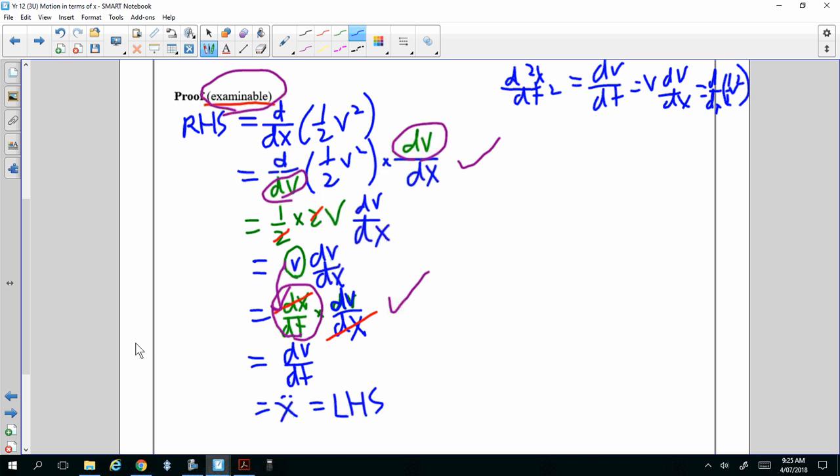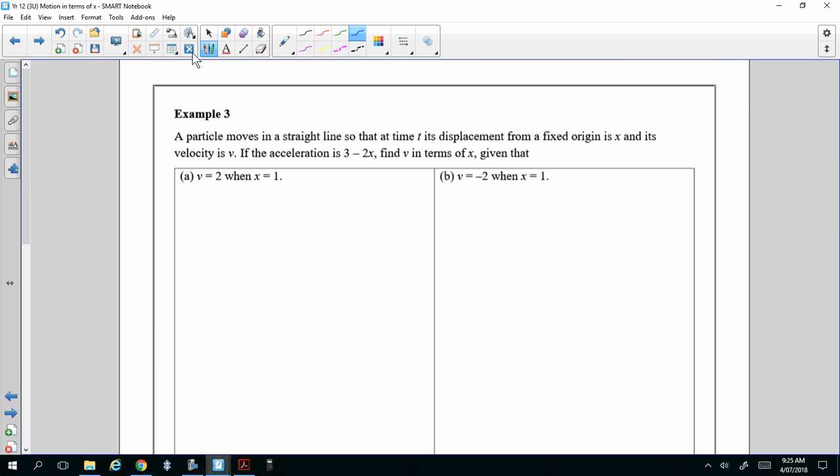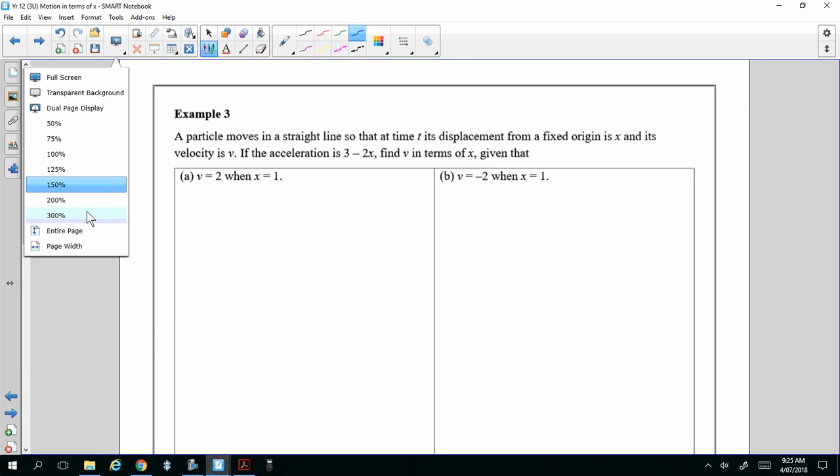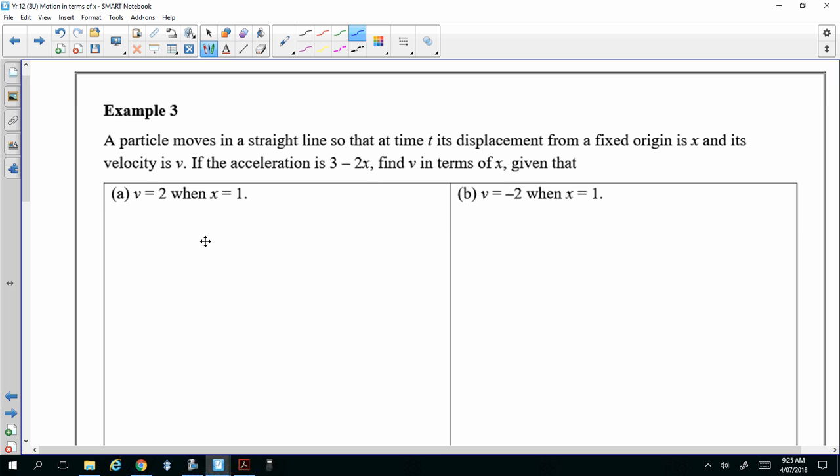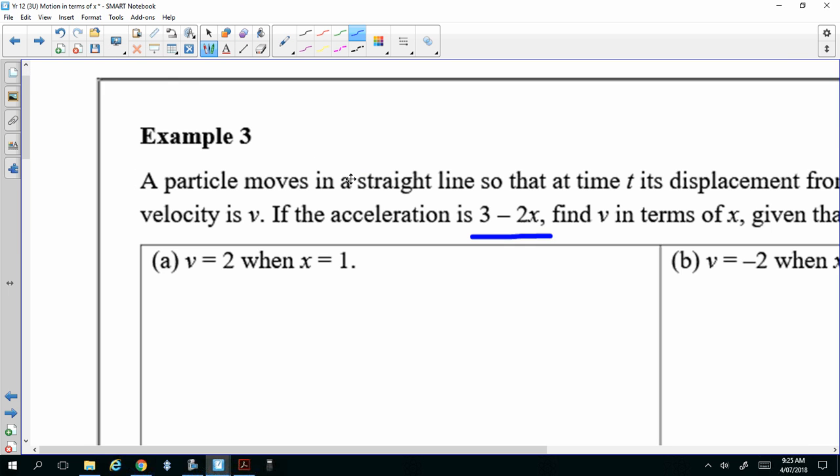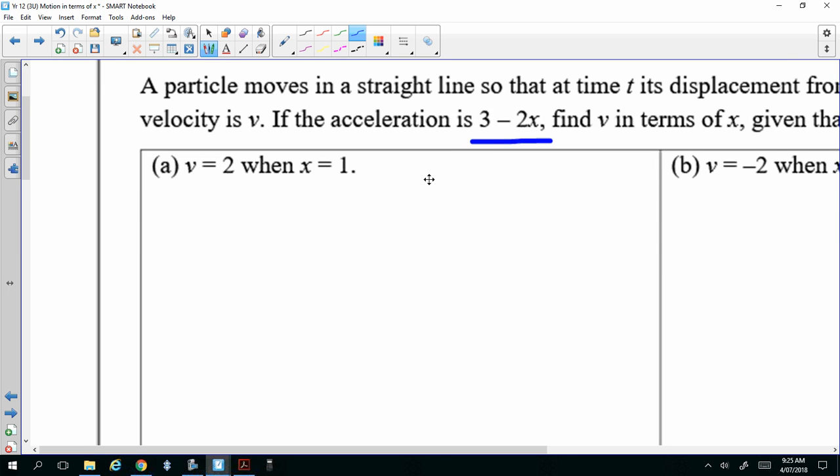Okay, which is this example again, acceleration is 3 minus 2x. How do we find velocity from there? Let's do this. We have x double dot equal to this. So what you do is replace the x double dot by d over dx of half v squared, like that.